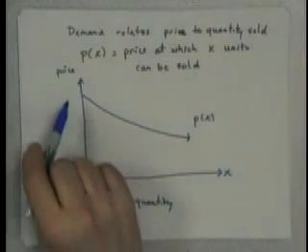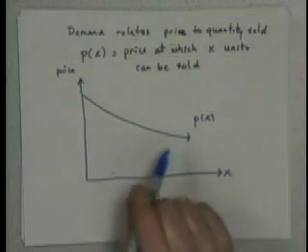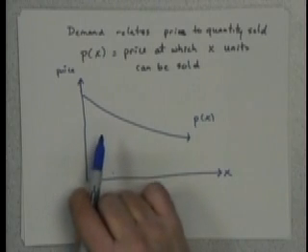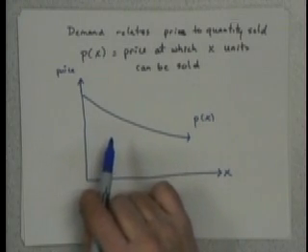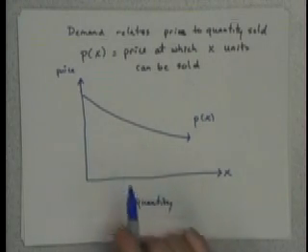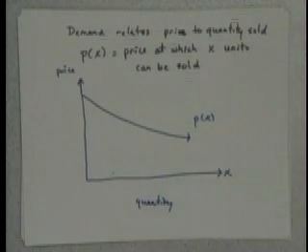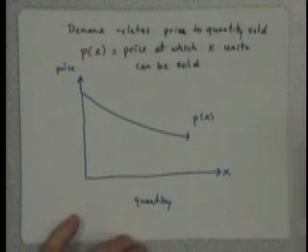Now, the reason it has negative slope is because in order to sell more, you have to lower the price, typically. Occasionally there are those Tom Sawyers among people that can make it seem like it's a better thing to buy if you raise the price, but that doesn't happen very often, really. So typically it lowers.